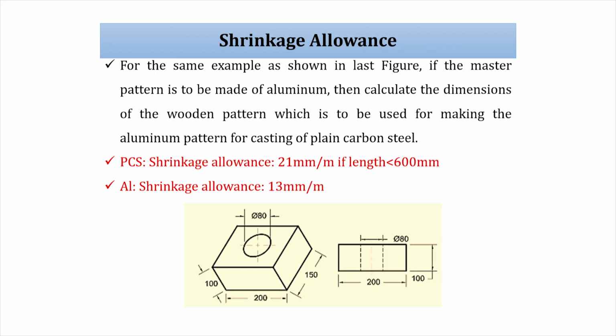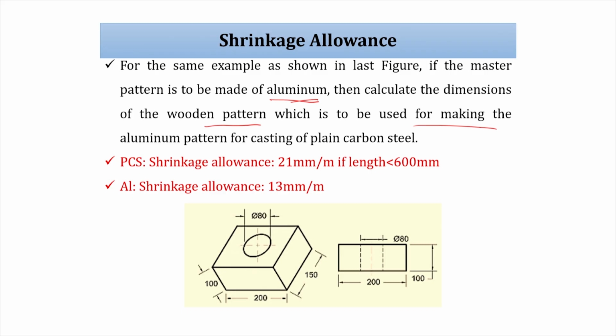For the same example as shown in the previous lecture, if the master pattern is to be made of aluminum, then calculate the dimension of the wooden pattern. I have to make a wooden pattern first, and the final objective is to make an aluminum pattern, which is used for casting of plain carbon steel.